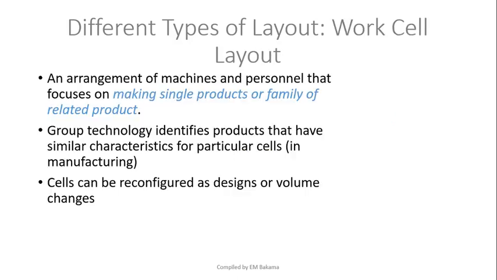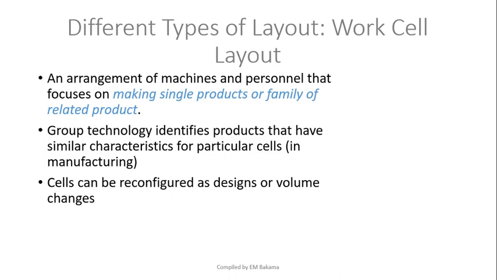Now, another one is a work cell layout. It is based on the idea that it is made of an arrangement of machines and personnel that focus on making a single product or family product. What is a family product? A family product is a product that has the same family tree, between brackets.